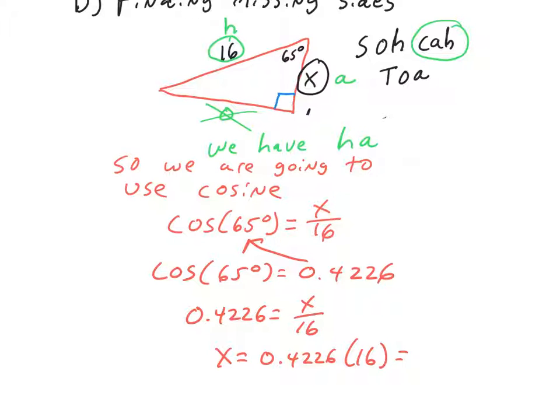I'm just going to press times and then 16. If you're doing it in Desmos, make sure you're outside the parentheses when you press times. I will get 6.76 for an answer, and I'll round it to the nearest tenth, so we'll get 6.8. So the missing side is 6.8.